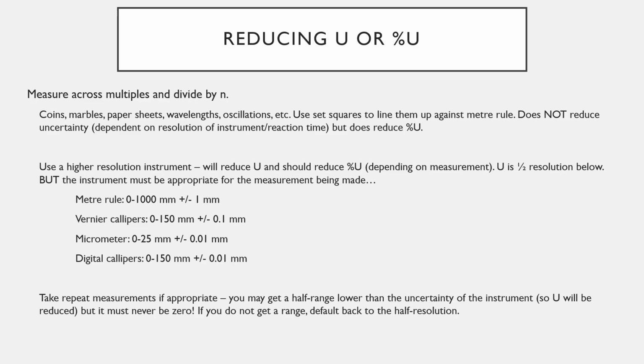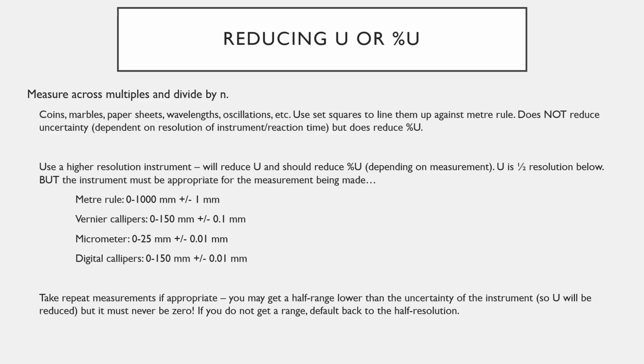The dependent variable should have repeats, and those repeats will probably show some variation. That variation may be less than the uncertainty of the instrument, at which point you have improved your uncertainty. But you can't be guaranteed of that. And to find the uncertainty in a set of repeat data, you use half the range of your repeats and then put that over the mean.